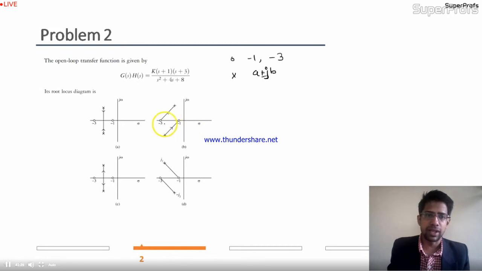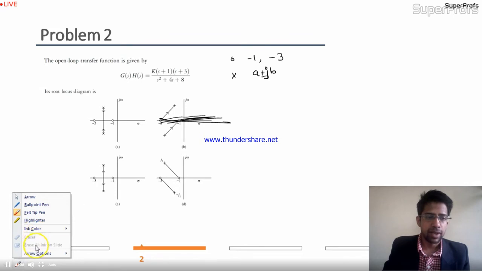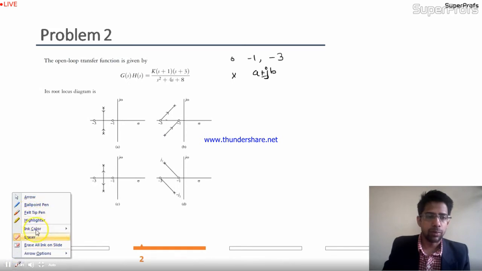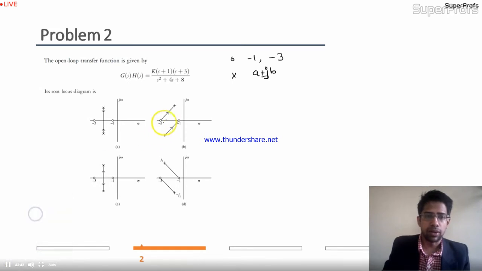So basically if you put a mirror on this, I'm really sorry, let me erase. Okay, so if you put a mirror on this particular axis, you should get the mirror image of this particular diagram.